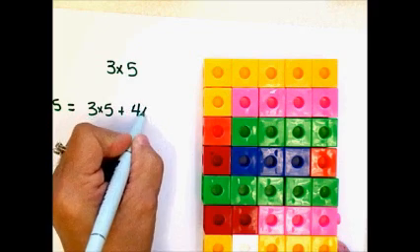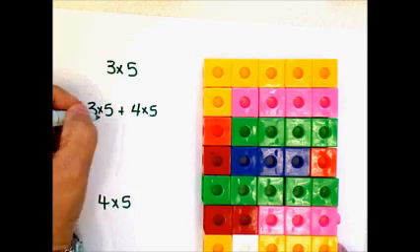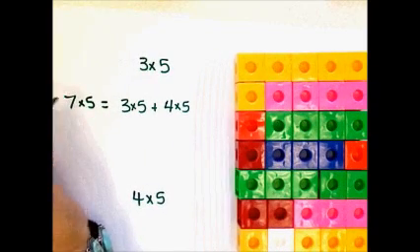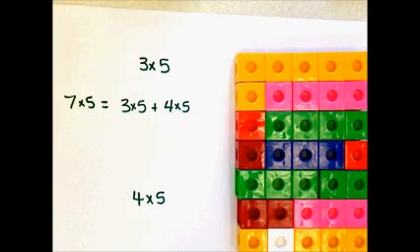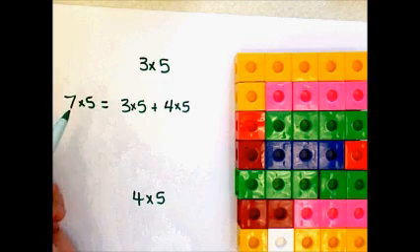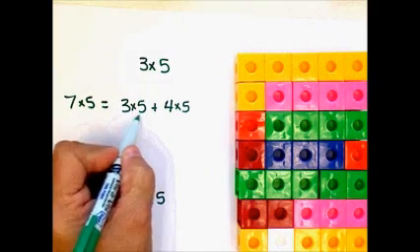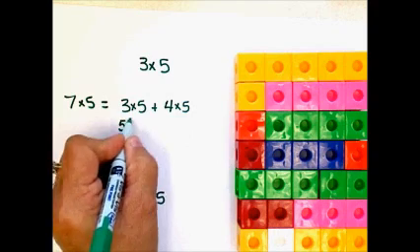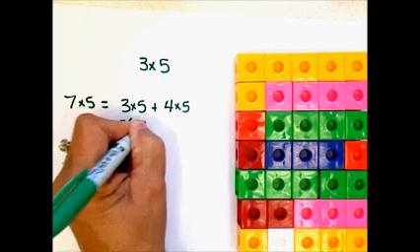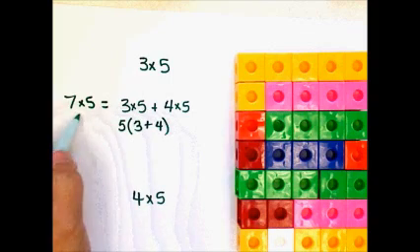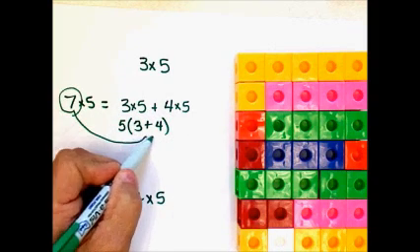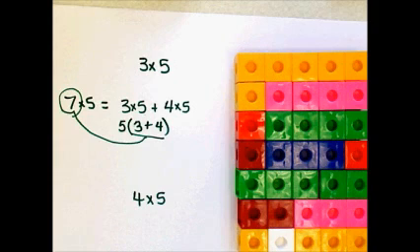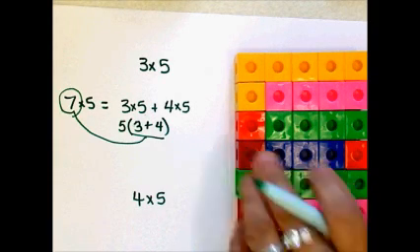Now, notice I've got the X there. At some point I interchangeably use the dot and the X. So know that when it's the small dot in between, it does represent multiplication. So in this case, I have a 5 in both, so I have 5 rows of 3 plus 4, which is another way to show 7 with 2 add-ins. So they break down into rectangles.